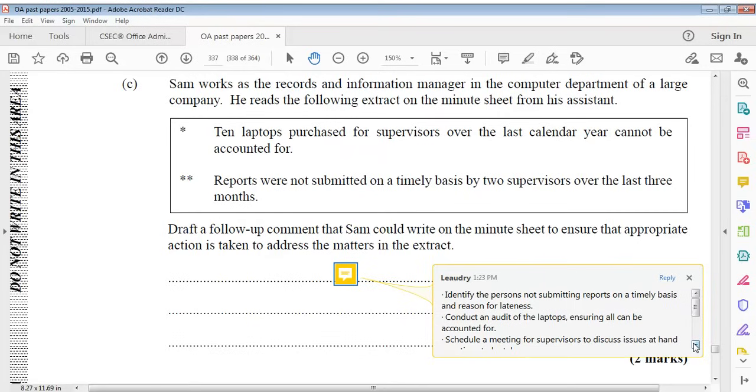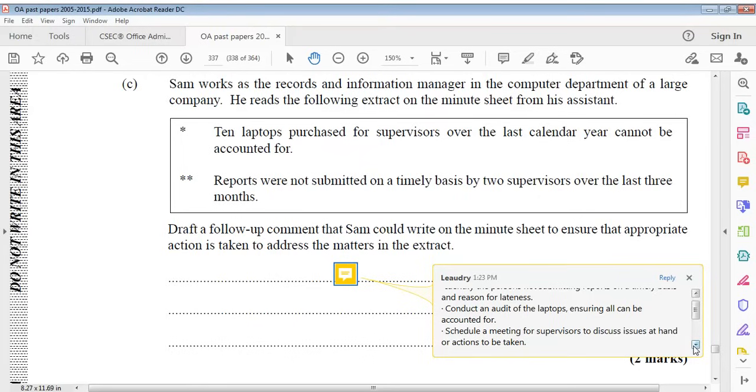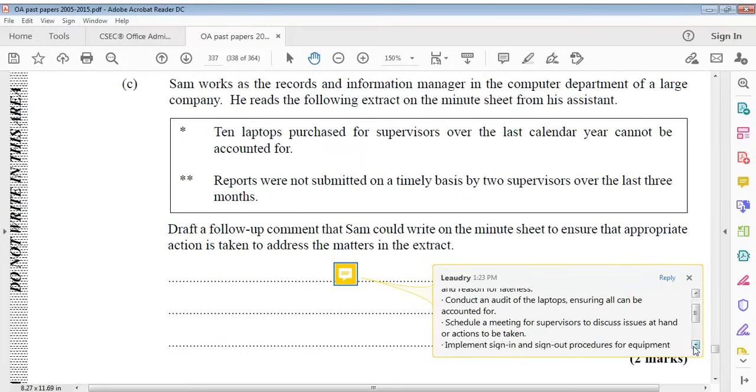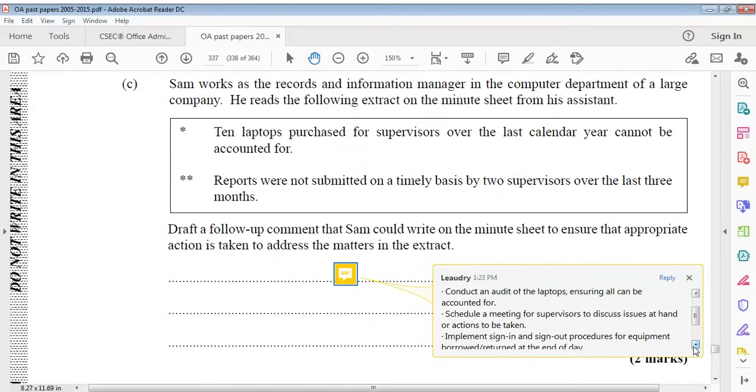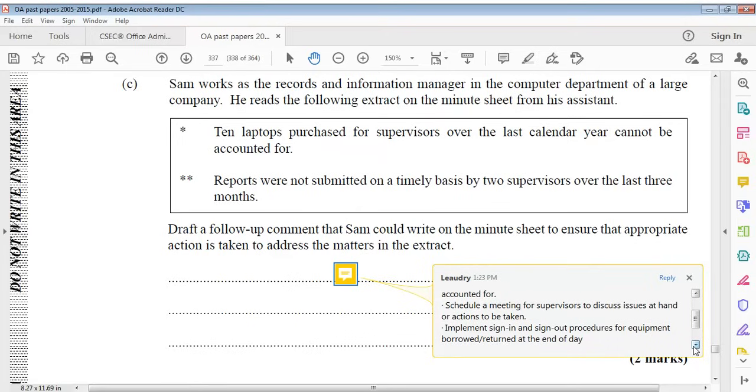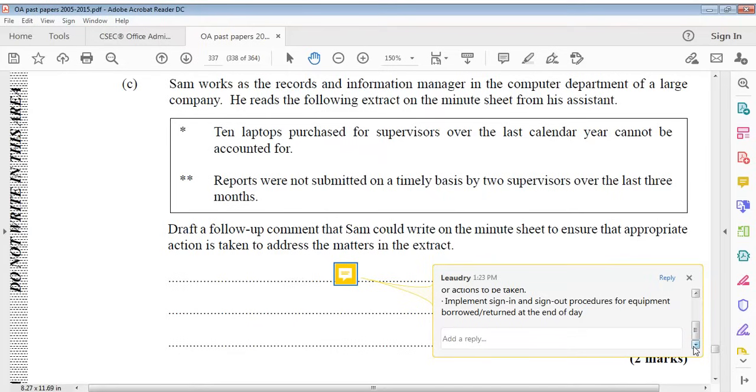You could write that as a comment. 2, conduct an audit of the laptops, ensuring all can be accounted for. 3, you could schedule a meeting for supervisors to discuss issues at hand or actions to be taken. 4, could implement sign-in and sign-out procedures for equipment borrowed or returned at the end of the day.